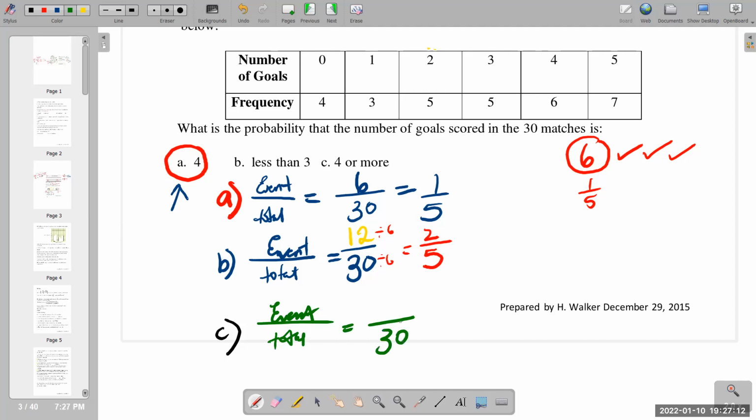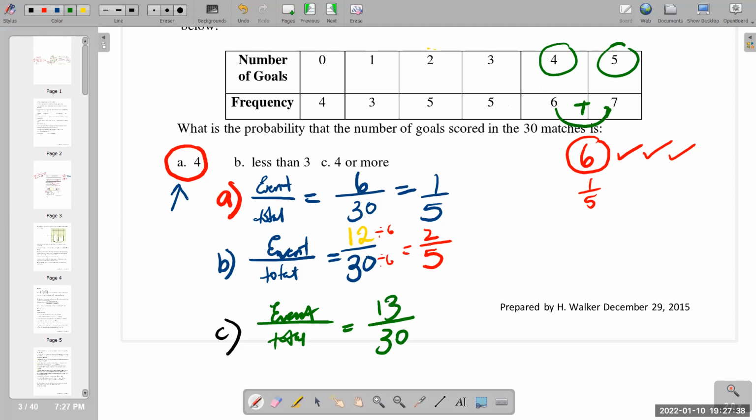It's always 30. So how many games had 4 goals or more? So we would realize here, it includes 4 because they say 4 or more. So that means we need to consider 4 and we need to consider 5. 6 plus 7 is 13.